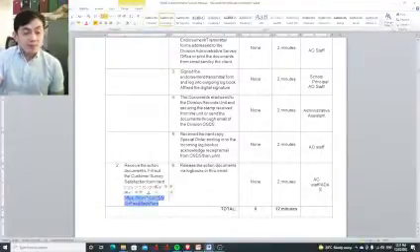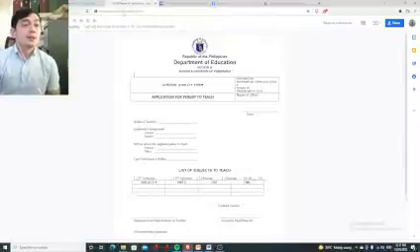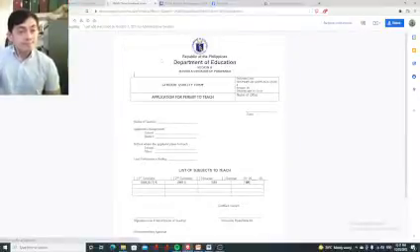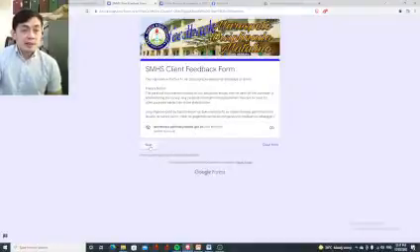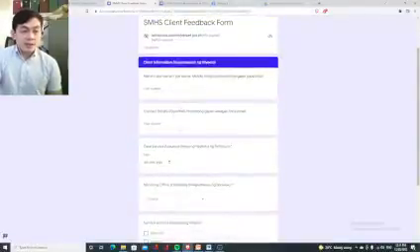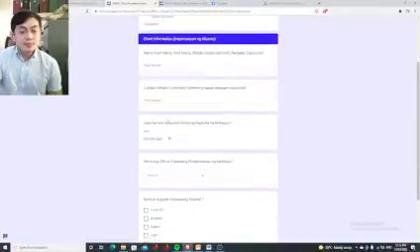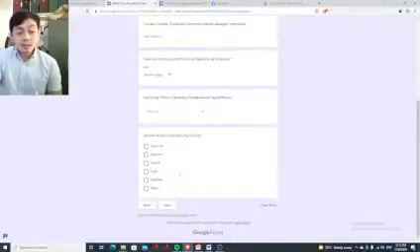The client will receive the action documents and fill out this feedback form. The content of the feedback form is this. It indicates the introductions, and then you have to write your name, contact number, the date your service was required, the servicing office, the particular service.